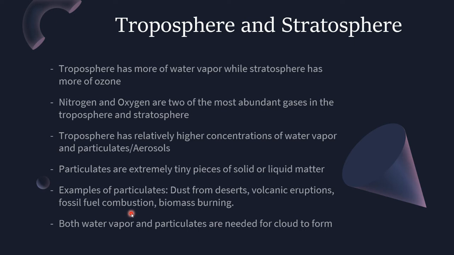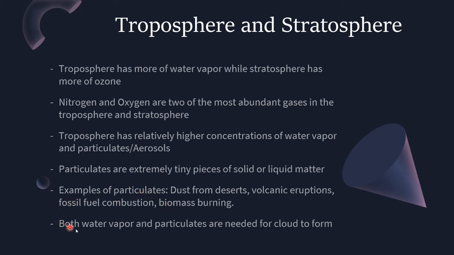This emission is also releasing some particulates in the air. Then biomass burning as well. So if you're burning a forest, or burning wood, that is releasing particulates in the air. You will also practice with that in this lab. So that is the main topic for this lab actually.